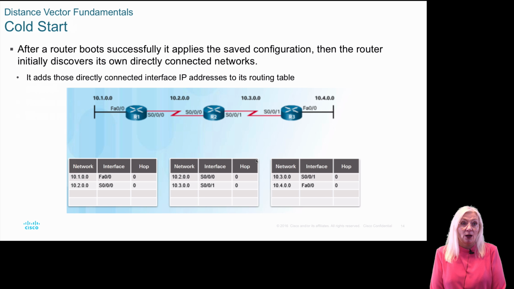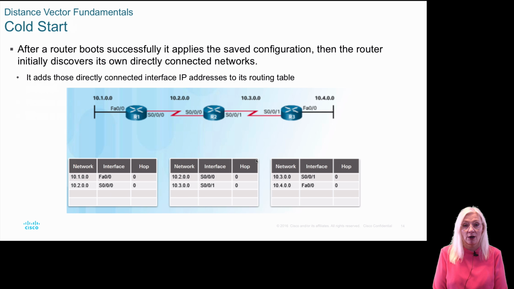So when a router boots up, like we have in this slide here, we will see that by default they know about their own directly connected networks. So this is when we boot up and cold start all three routers that we have here. Router 1 knows that I have a directly connected network called 10.1.0.0 and I have 10.2.0.0 that I'm directly connected to.